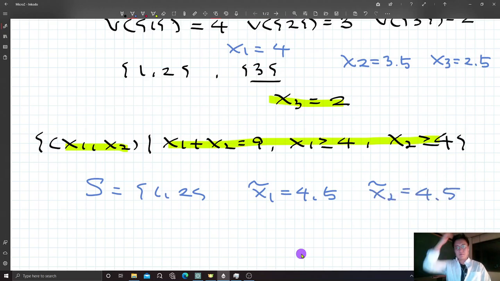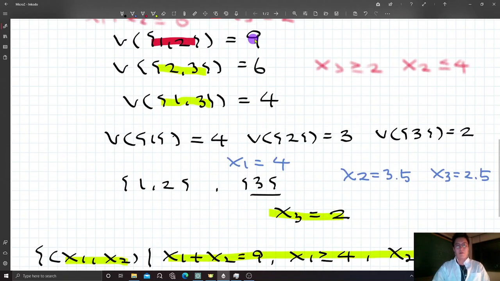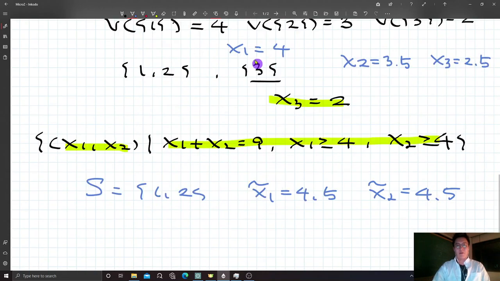Okay? This allocation is feasible inside this coalition because by making a team, they can make a total surplus of 9. And then the two members in the coalition strictly prefer X tilde to X, the previous allocation. So now this allocation will be blocked by coalition S, so it does not have the core property.